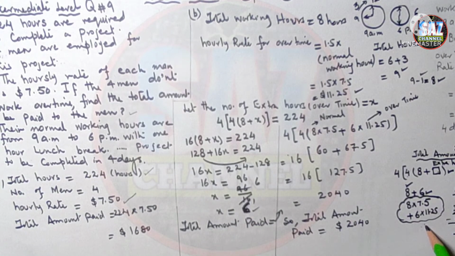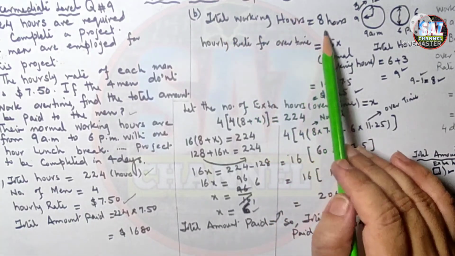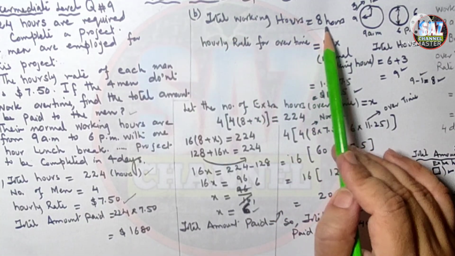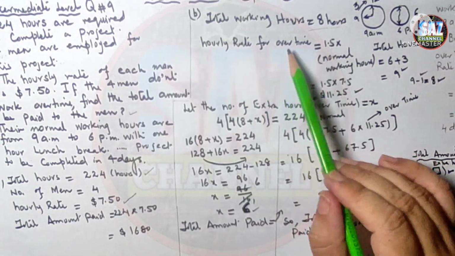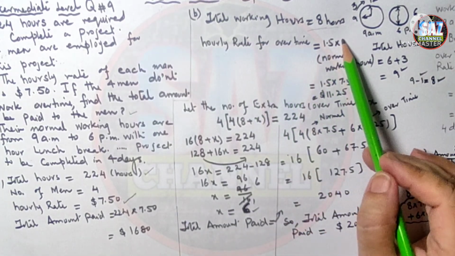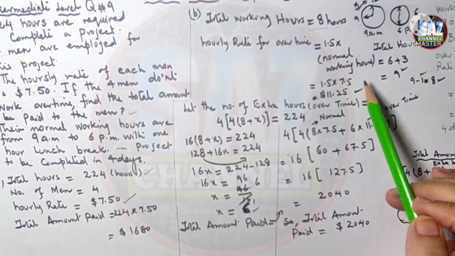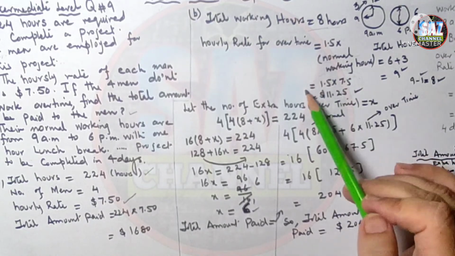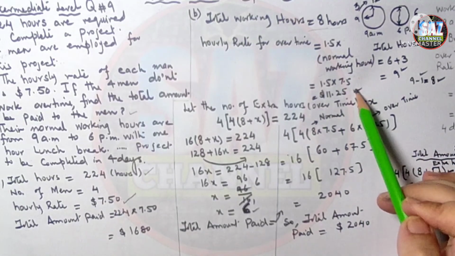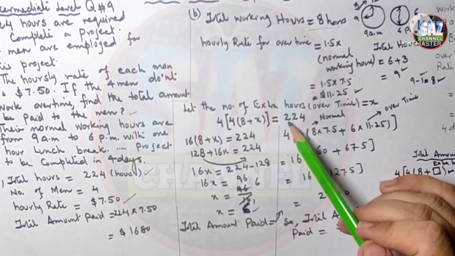The rule for payment of the extra time is that total working hours are 8, and the hourly rate is 1.5 times the normal working hourly rate. That gives me the amount paid for 1 extra hour.